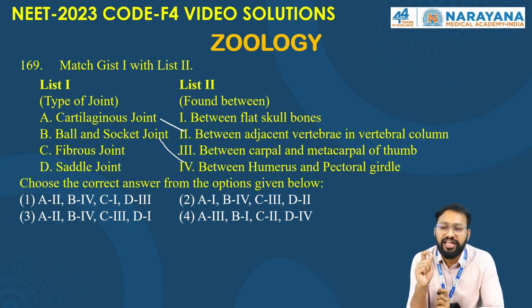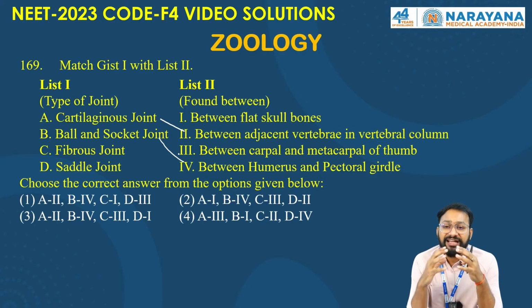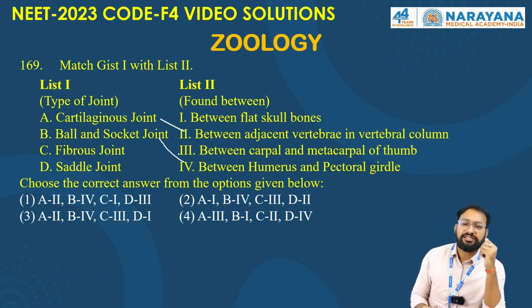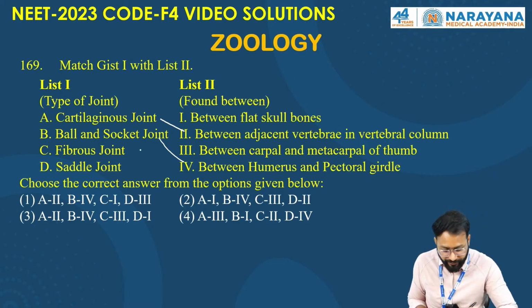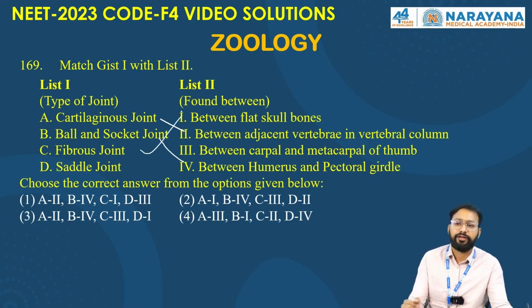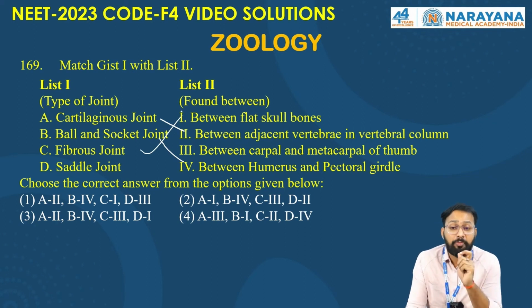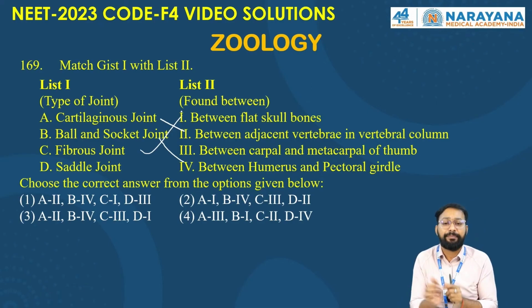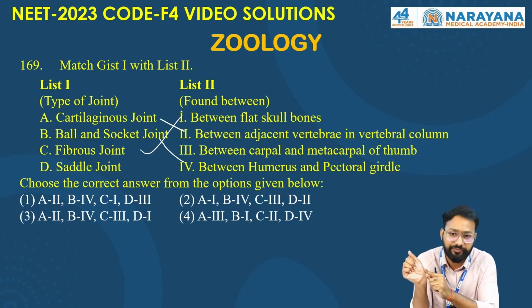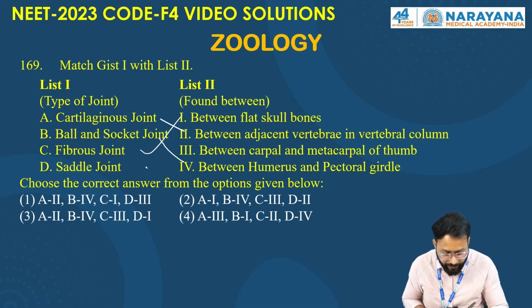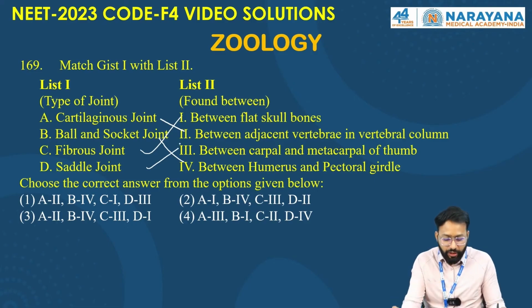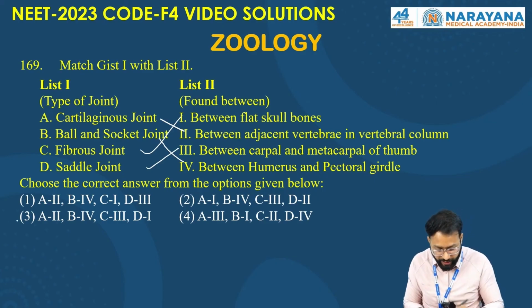Fibrous joints are immovable joints, found as sutures and gomphoses. Sutures are found between the flat skull bones. So C should be 1. And saddle joint is a modified ball and socket joint found between the carpal and metacarpal of the thumb. So D should be 3. So the option should be 2, 4, 1 and 3, option 1.